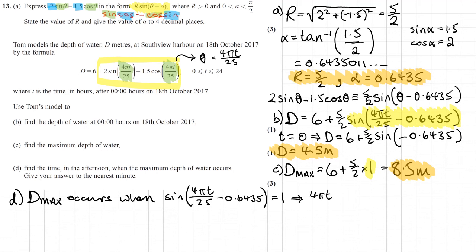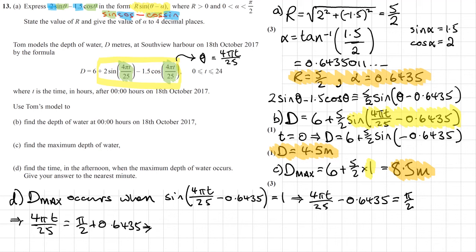So we've got 4 pi t over 25 minus 0.6435 is equal to sine inverse of 1, which is pi over 2. So the rest of this is just rearranging to solve for t. So we've got 4 pi t over 25 is equal to pi over 2 plus 0.6435.